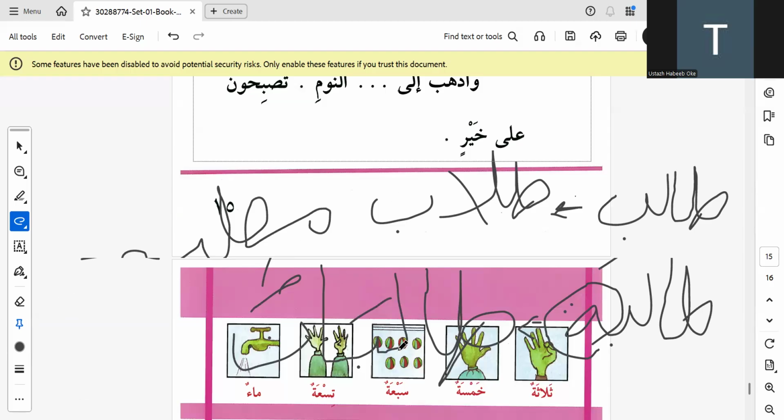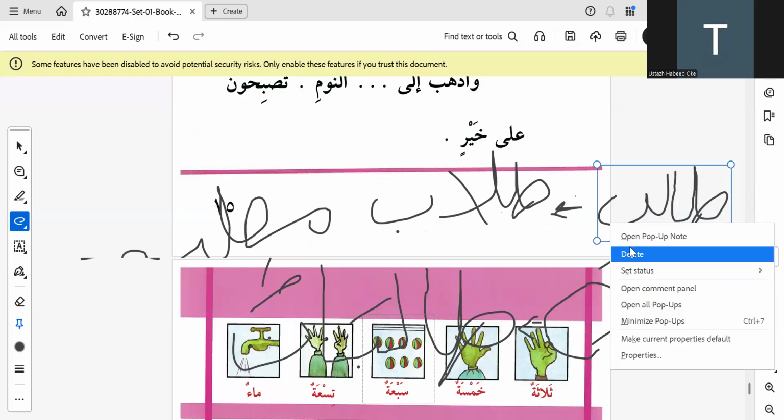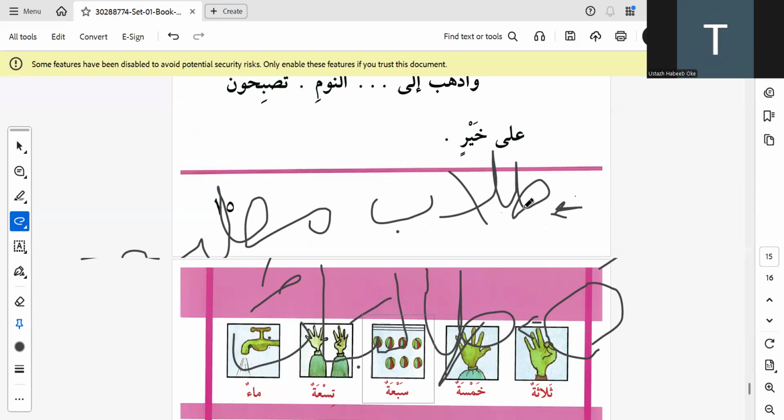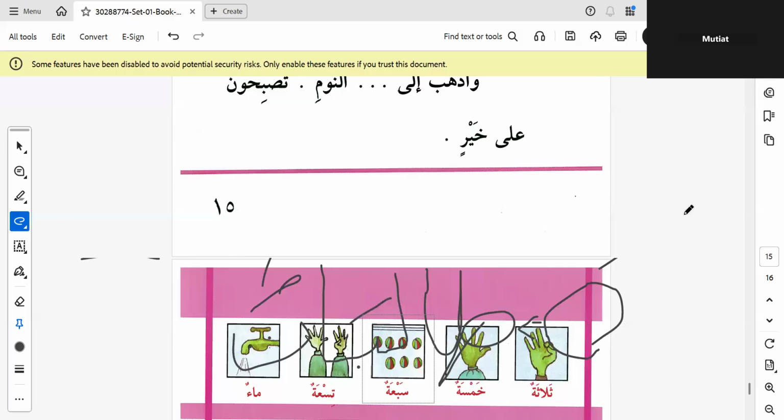Let me write it. You just have to know how to write your name. Once you know how to do that in Arabic, it's not hard. It's not difficult. Okay, so let's have it now.